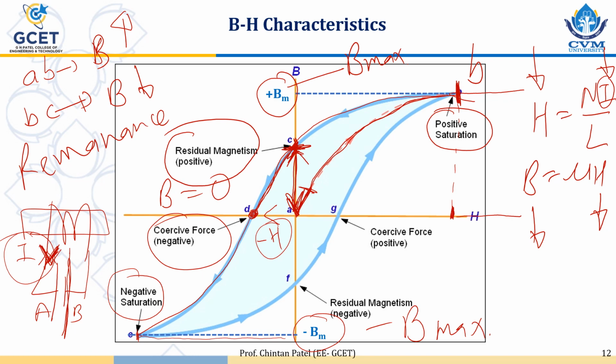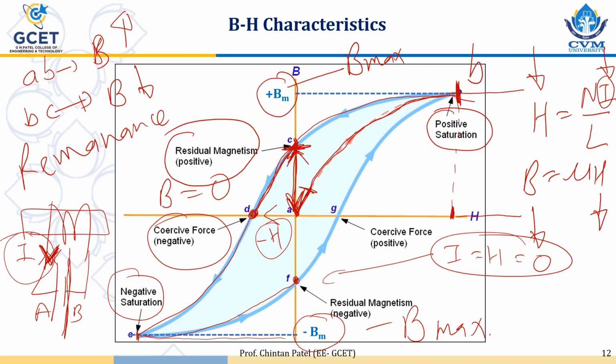Again, after reaching point E, if we start increasing resistance, current will start decreasing. When current reduces, H will be reducing, and when H is reducing, it will reduce the magnetic flux density. Now it will follow the path EF. You can see here at point F, what is the situation? The situation or condition is at point F, the value of current and value of H are 0 here.